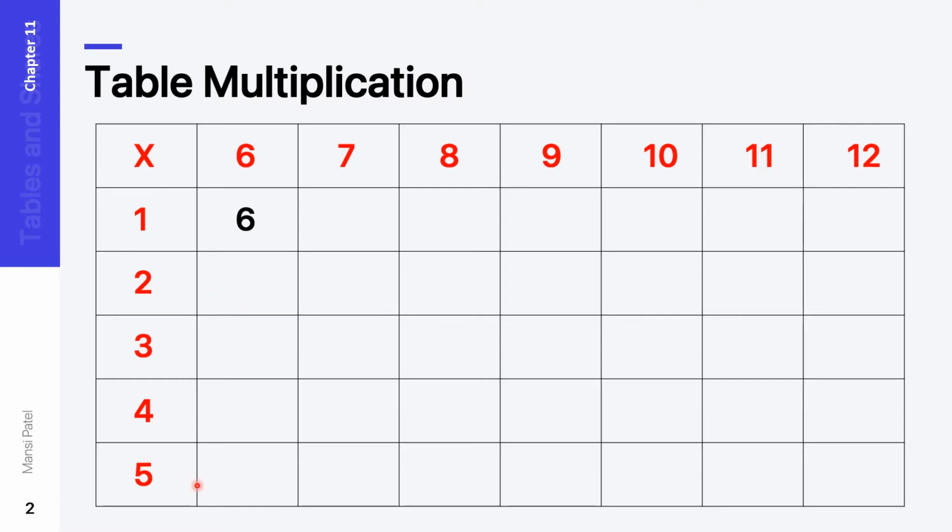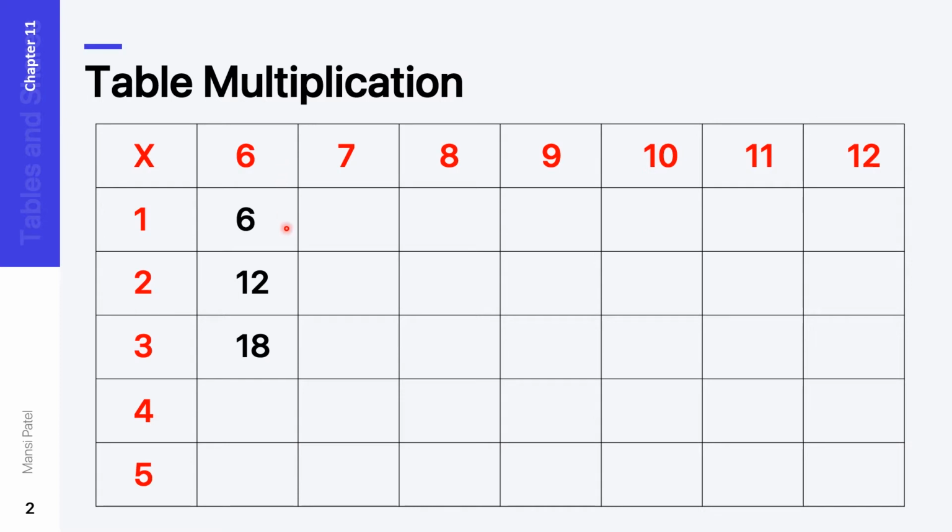So 6 2s are 12. Now in this box, whose multiplication do we have to do? The number which is in the row and the number which is in the column, you have to multiply them. So the numbers are 6 and 3. So 6 3s are 18. So 18 is the answer.